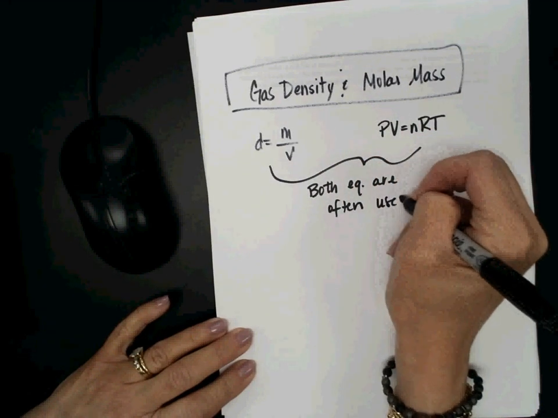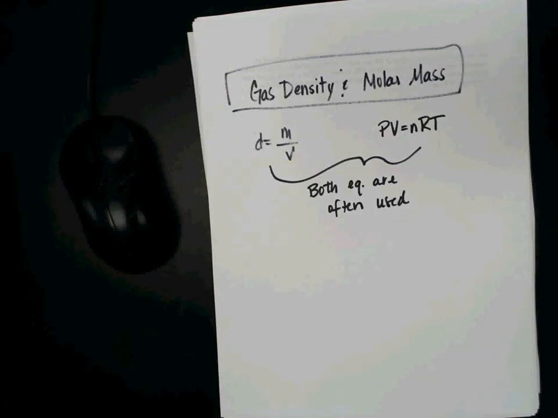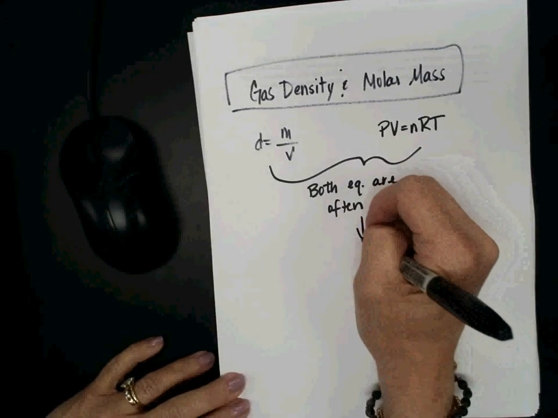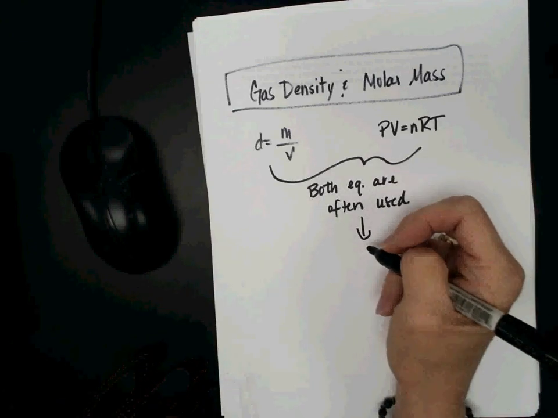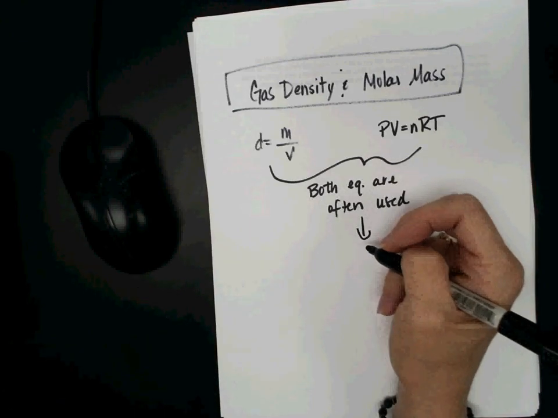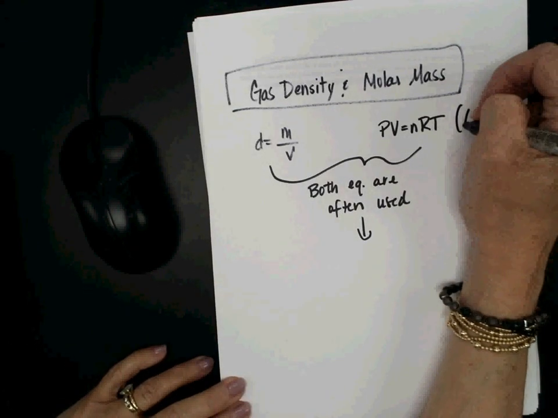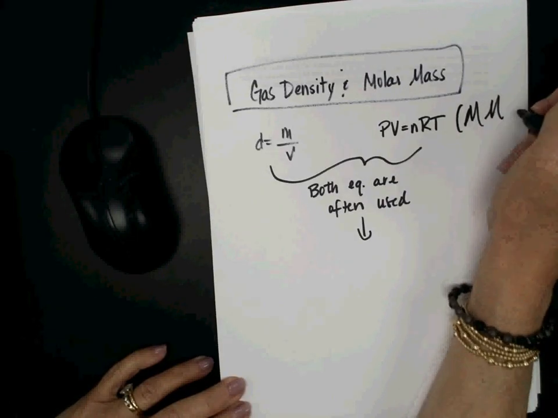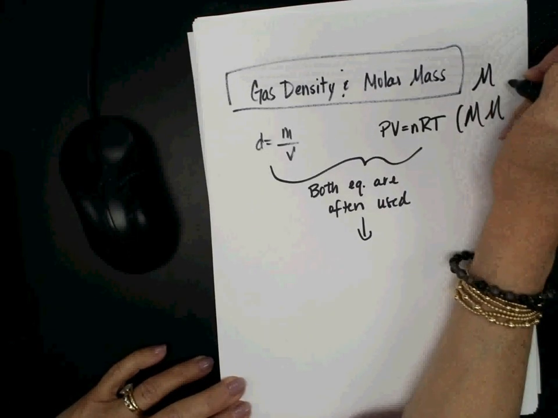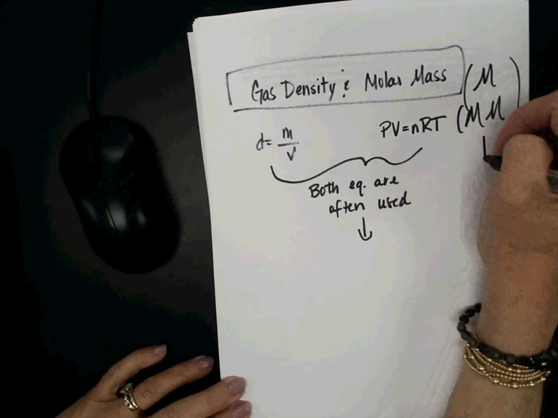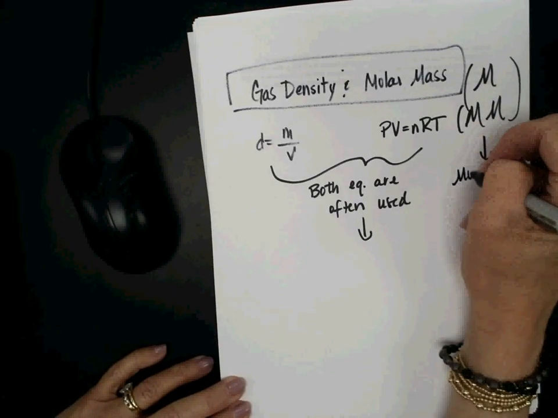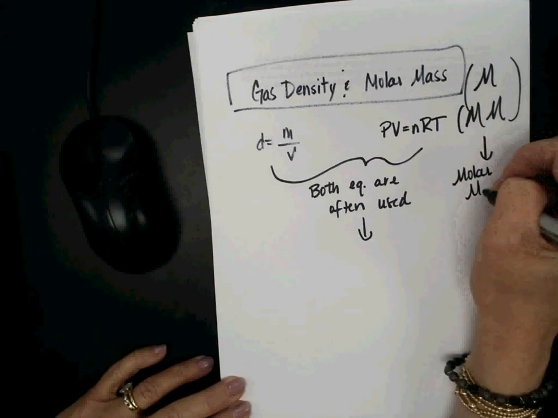In these problems. And in fact, we can take them and we can arrange them. Well, first let's put this out here. Out to the side, there's this symbol. It's either a double M or a single M. And when you see that, that's representing molar mass.